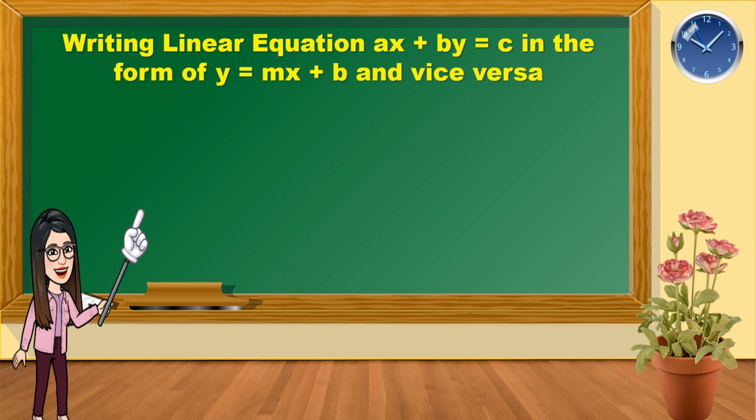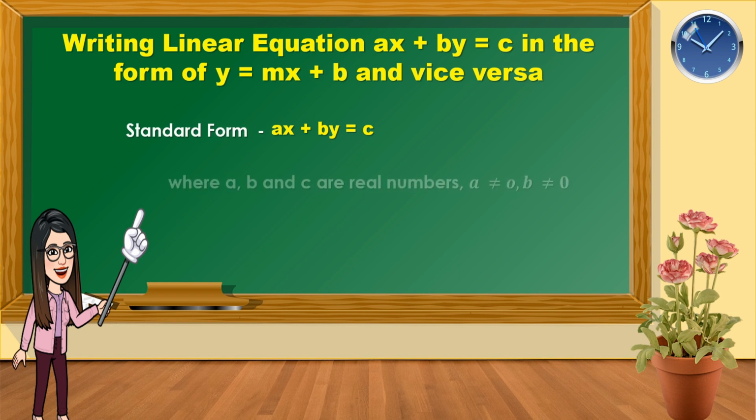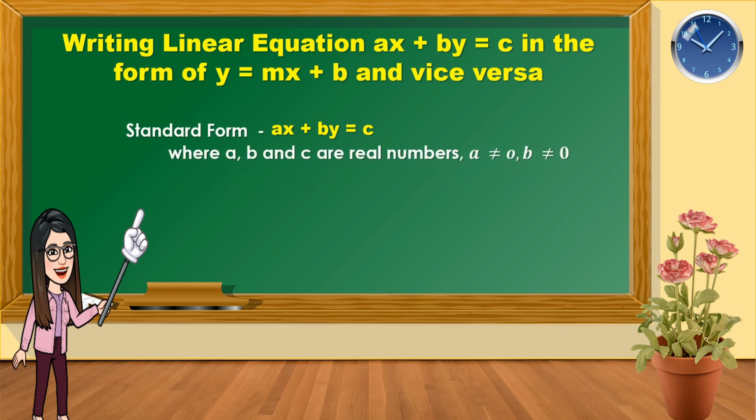Let's start with writing linear equation ax plus by is equal to c in the form of y equals mx plus b and vice versa. Ax plus by is equal to c is our standard form, where a, b, and c are real numbers, where a is not equal to 0 and b is not equal to 0.